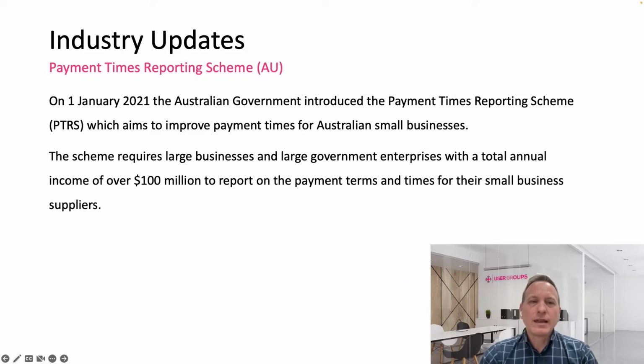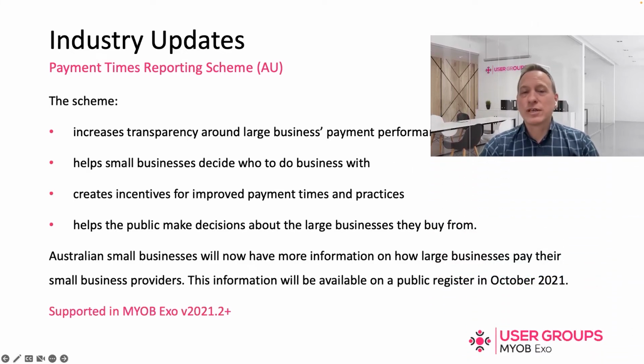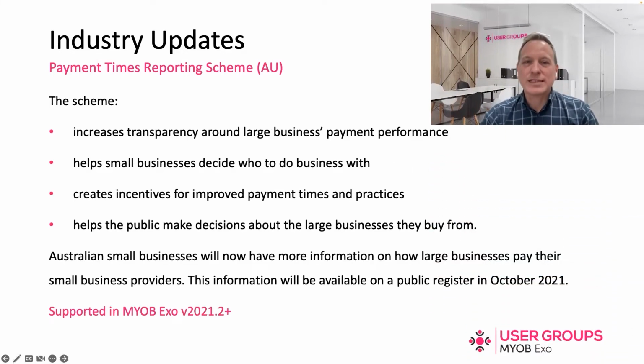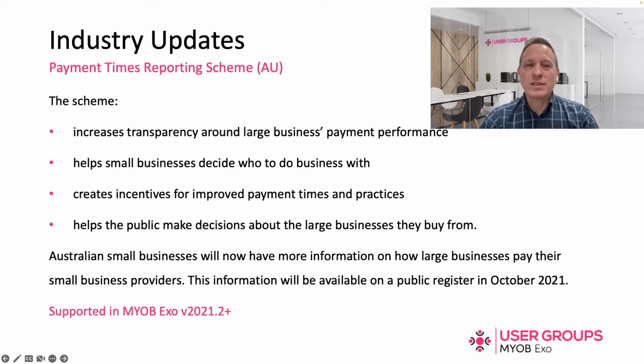Another change we've seen introduced within the Australian climate is the payment times reporting scheme, which is a way of trying to improve payment times for small businesses within Australia. It requires larger businesses to report on their payment terms and times for all payments made to their small business suppliers. The scheme is really around increasing transparency of large business performance.